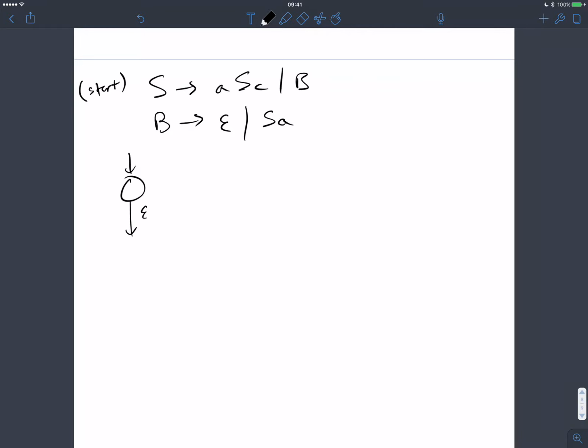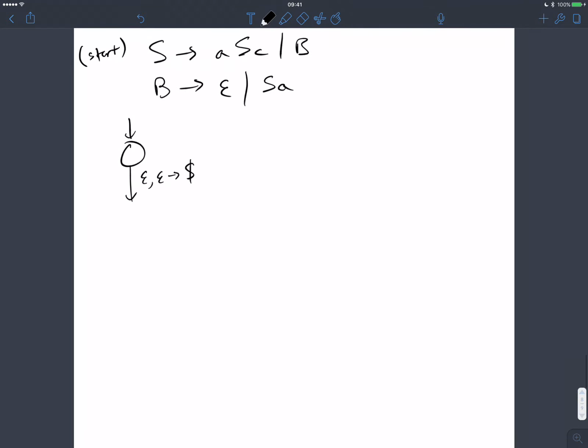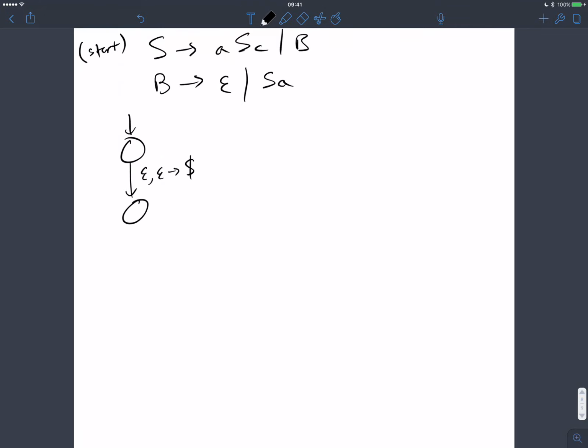You can use whatever character you want, $, as long as it's not a variable. And then I put the start variable on the stack as well. So epsilon to S.